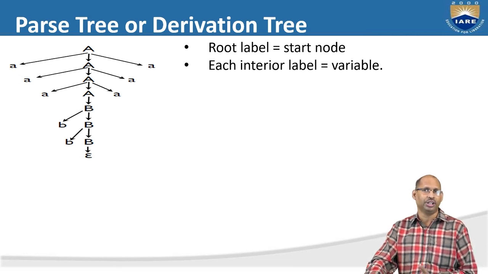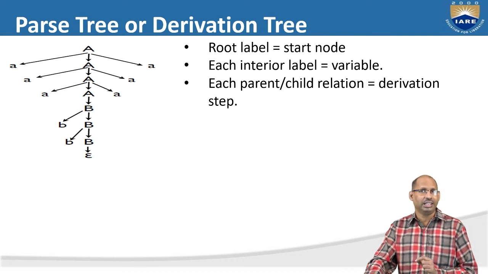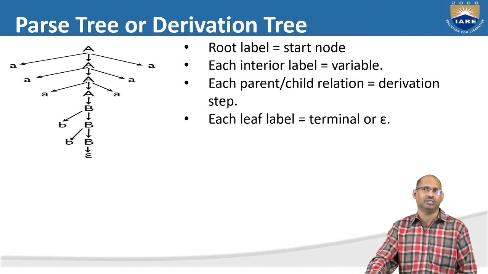S is the starting variable. So that root will always be the start node, right? So each parent and child relation is a derivation step. All the derivation steps are represented in the form of parent-child relations, right?